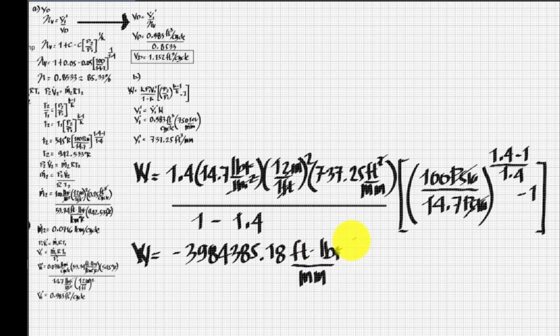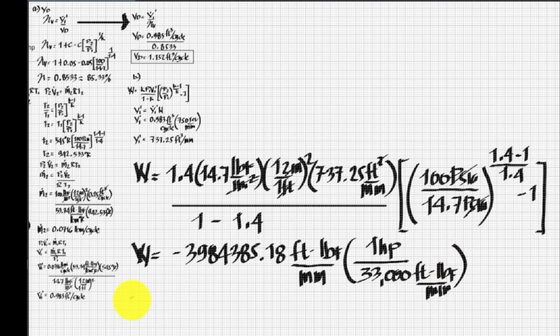And we have the conversion that 1 horsepower is equal to 33,000 foot pound force per minute.